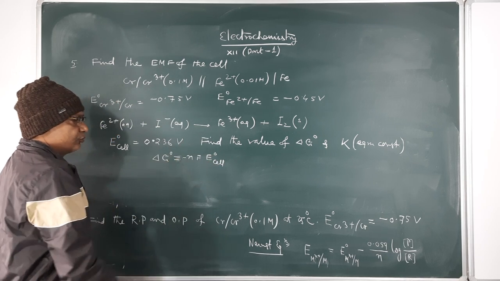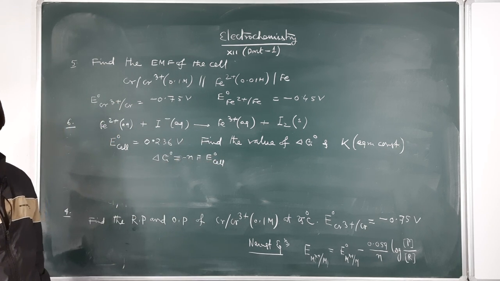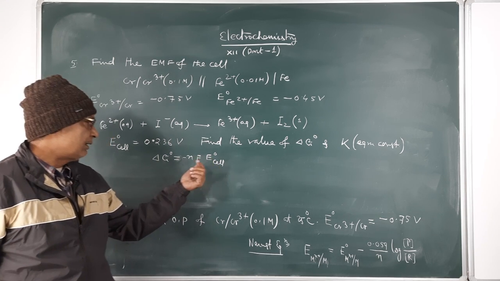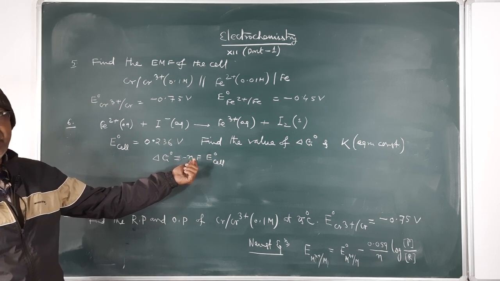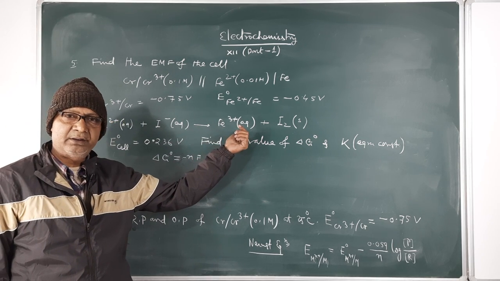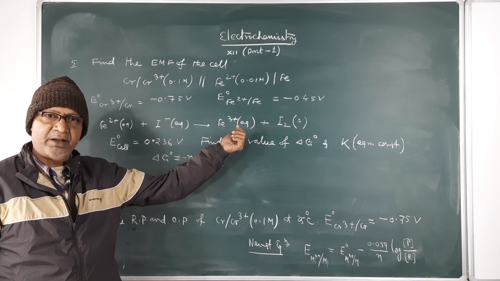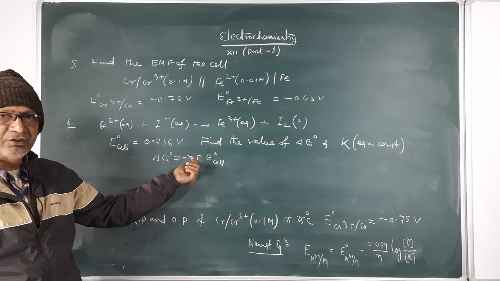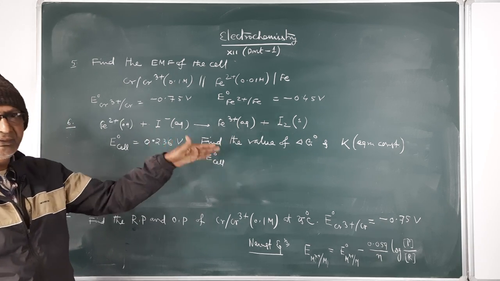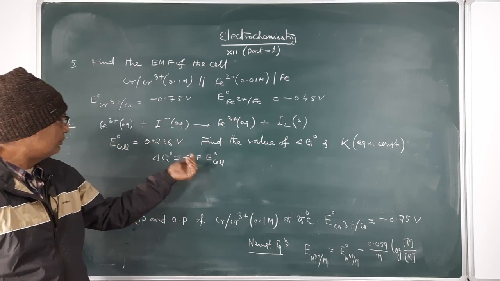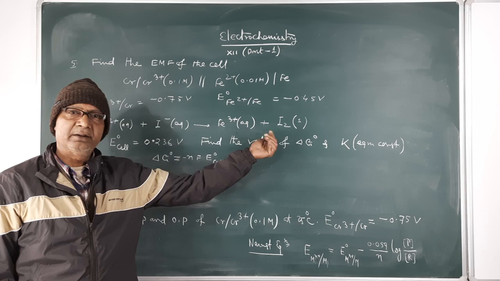E naught cell is given. The number of moles of electrons transferred during oxidation and reduction can be known by balancing the cell reaction.